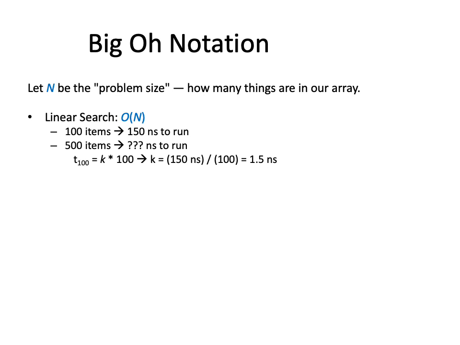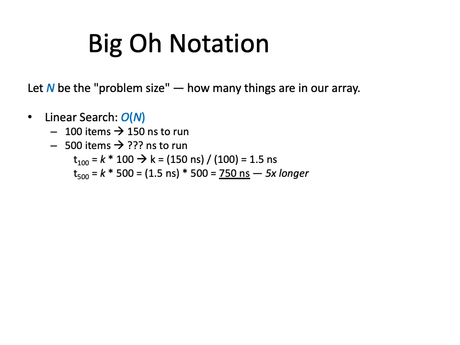That's the constant of proportionality for the big O notation here. Then on the same computer, if we now have something that's 5 times as big, we use that same constant of proportionality k, now with 500 instead of 100, and that gives us 750 nanoseconds.